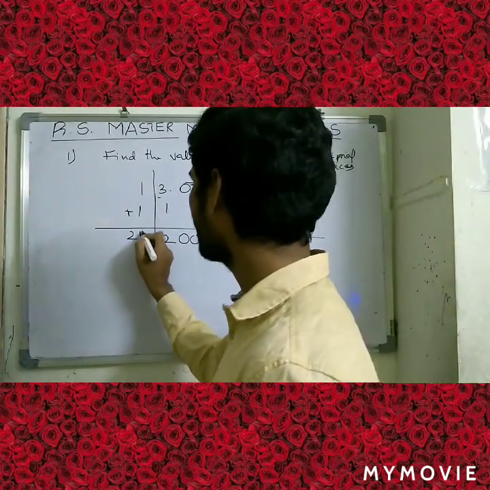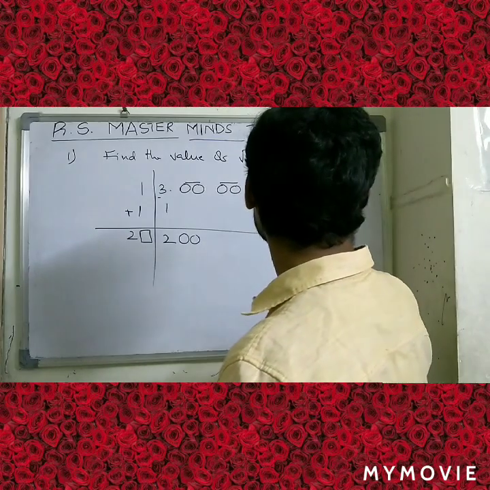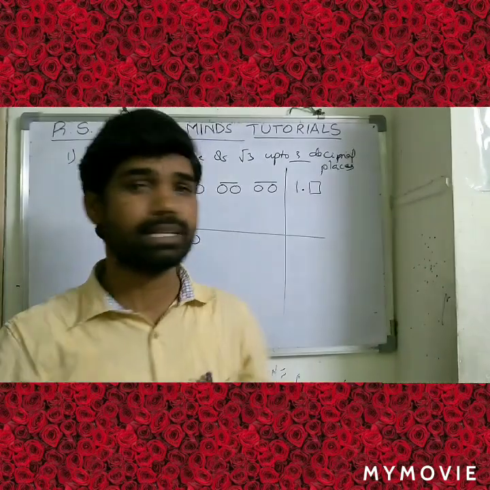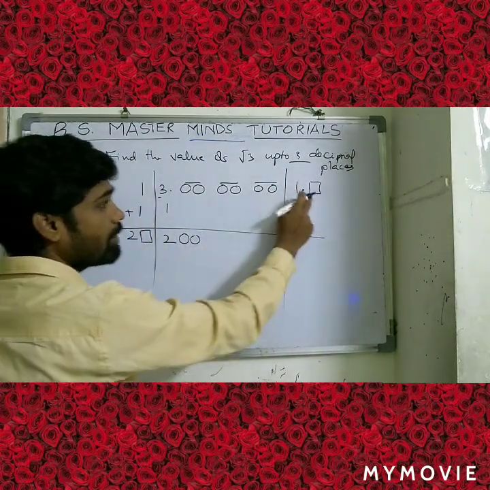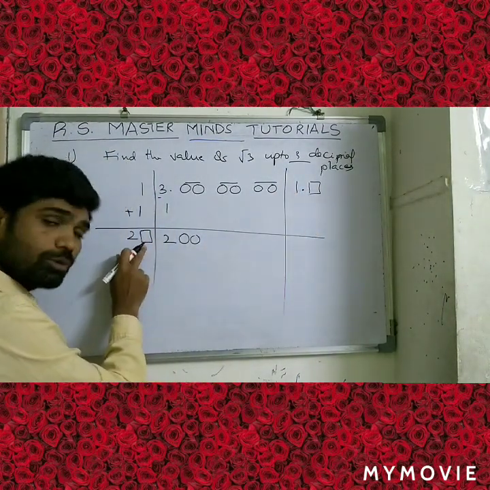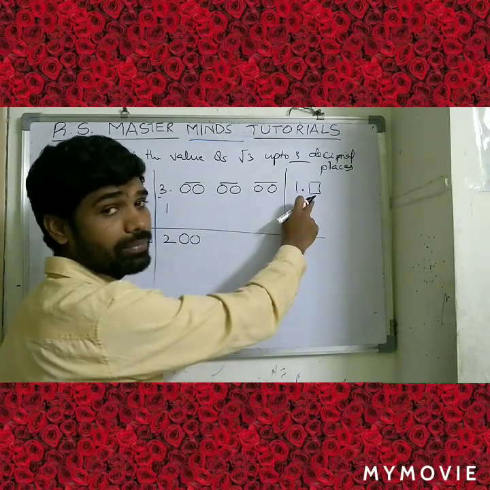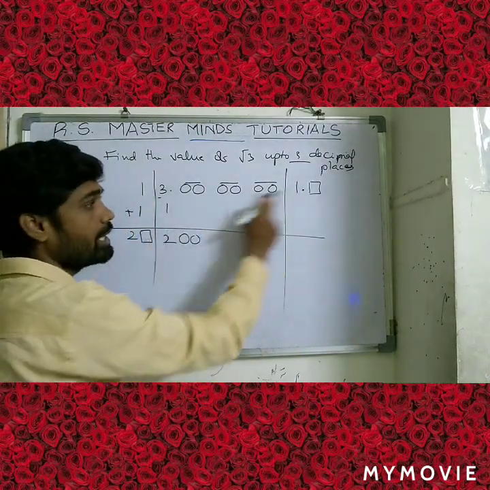Why do we have to take the box? Here also let me take the box. If we take 1 here, it is 21 ones. If we take 2, it is 22 twos. If we take 3, it is 23 threes.